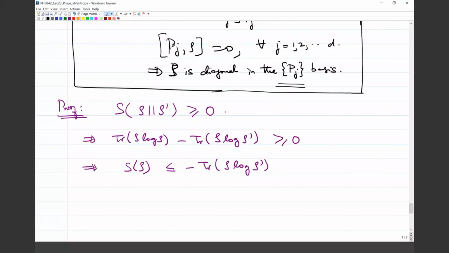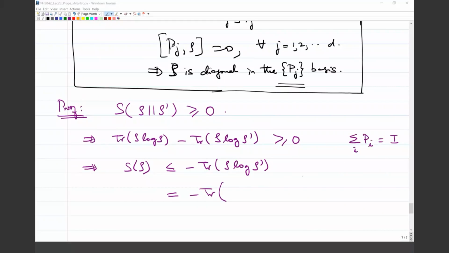So how is that? Well, this is negative trace. What am I going to do? I'm going to insert a decomposition of identity in terms of the Pi's. So recall that sum over i of Pi must be identity, right? Because Pi constitutes an orthogonal projective measurement. So this is like a completion of identity.